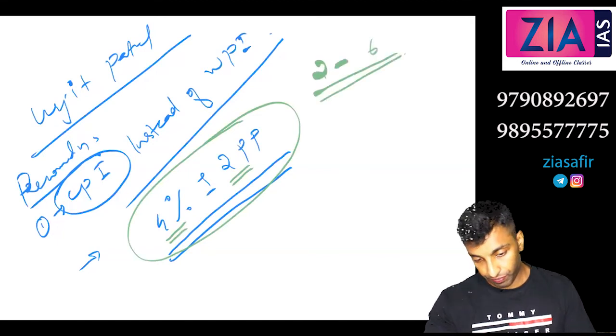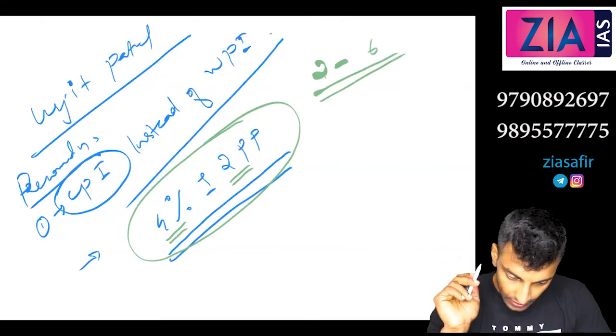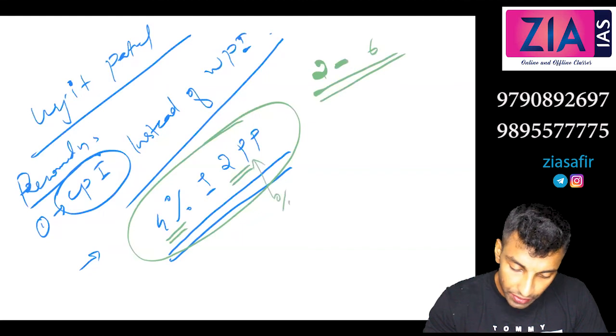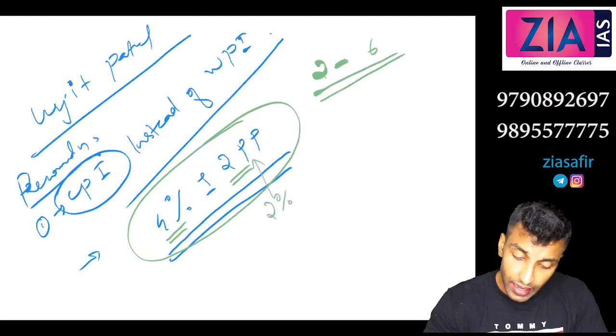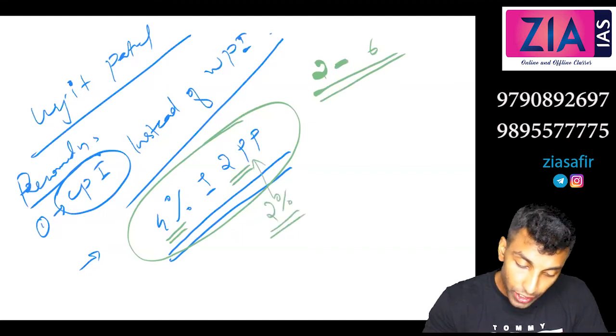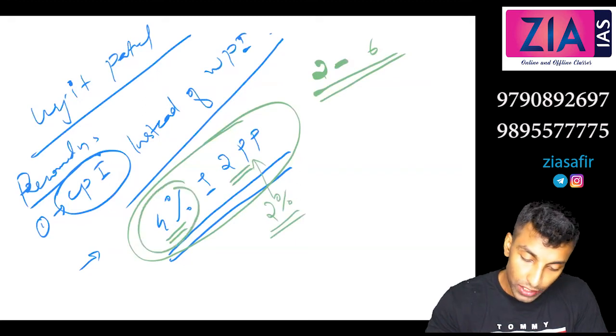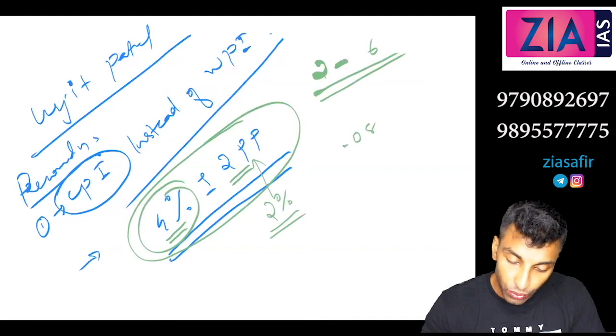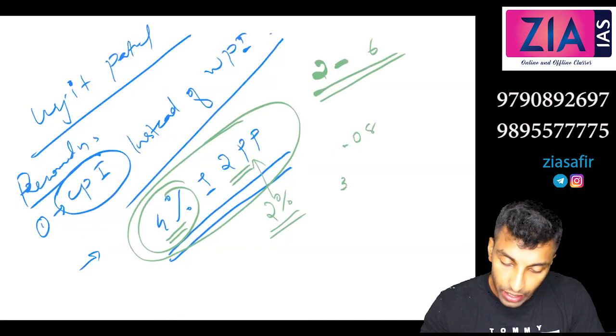But instead of saying percentage point, if I'm saying 2%, then the entire situation is different. You need to find what is 2% of 4. That is 0.08. So what you need to do, add 0.08 and subtract 0.08. So it will be 3.92 to 4.08 should be the range.